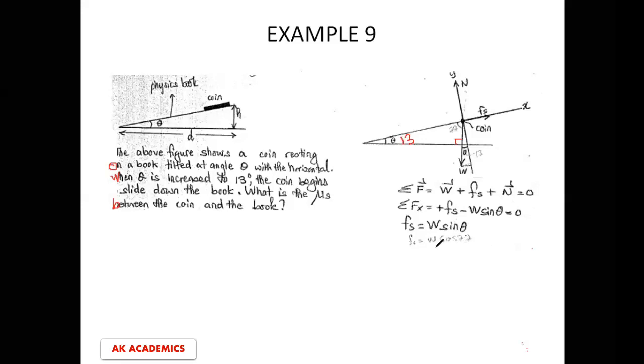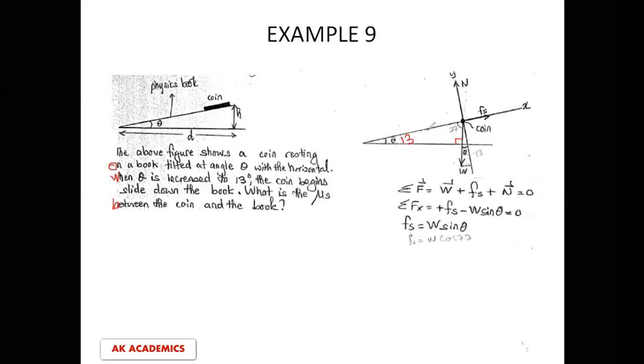All right. So if you have this, you have summation Fx equal to Fs minus W sine theta equal to 0. Why do we have minus here? Because this weight is what we want to convert to the horizontal component. If it comes this way, it takes us to the negative x-axis. Can you see that?